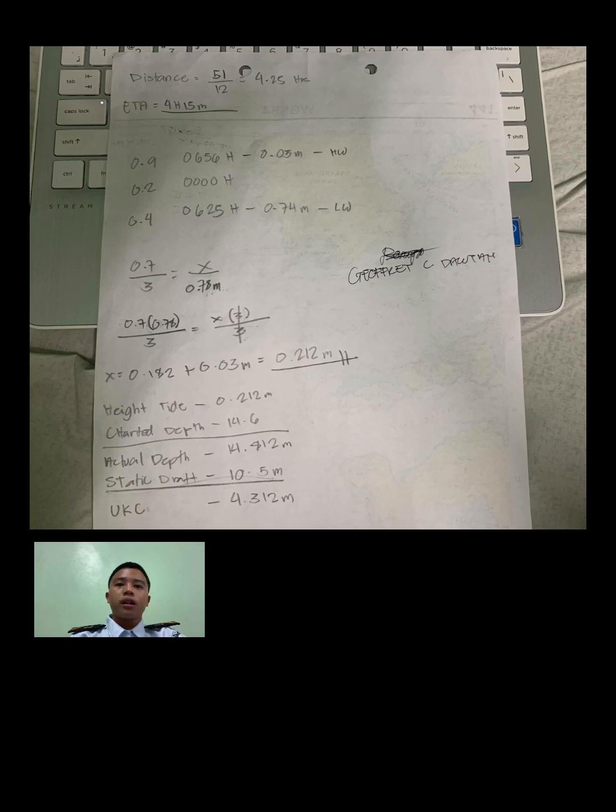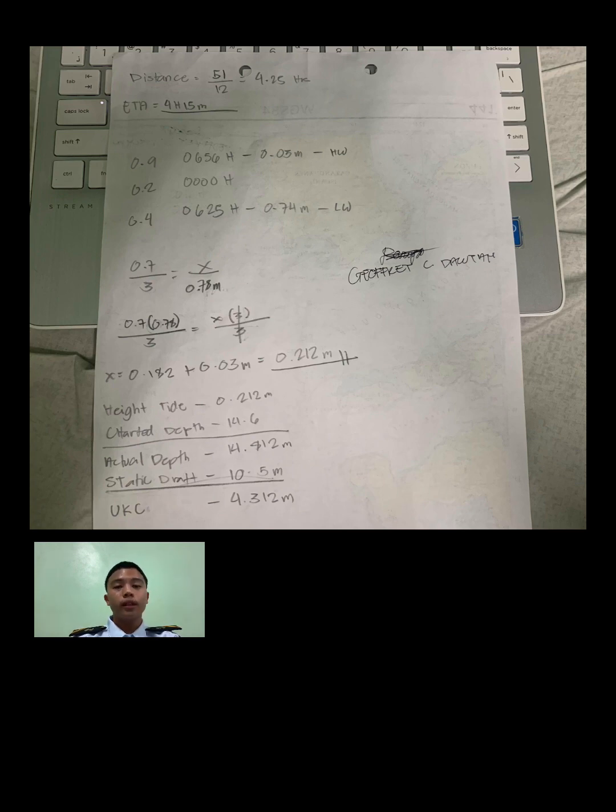So 0.182 plus 0.03 meters is equal to 0.212 meters. So our height of tide is 0.212 meters and our charted depth is 14.6.